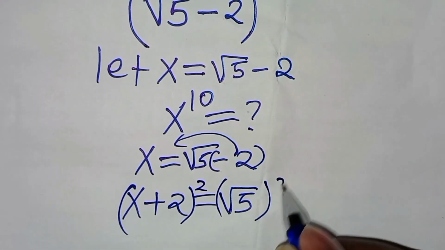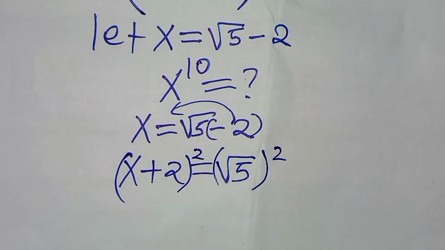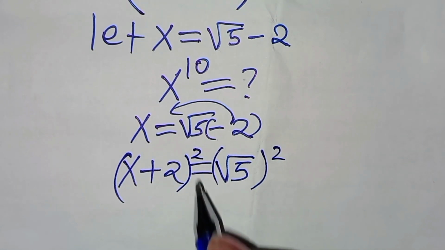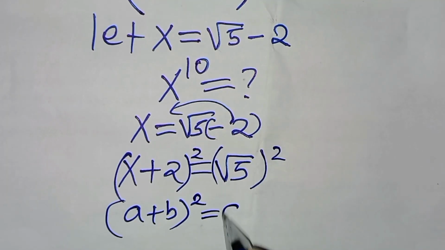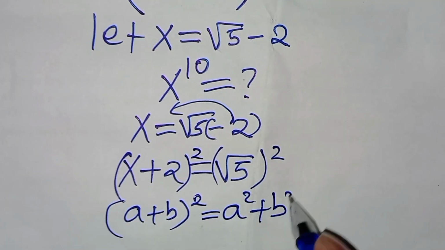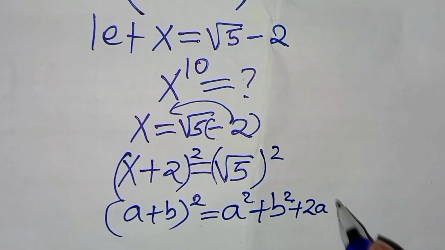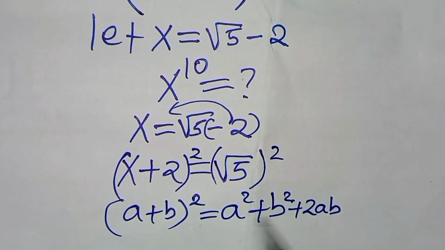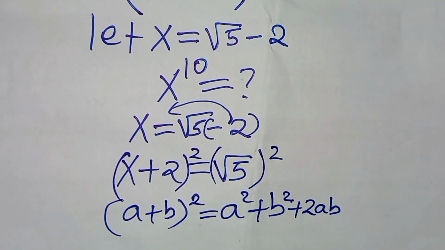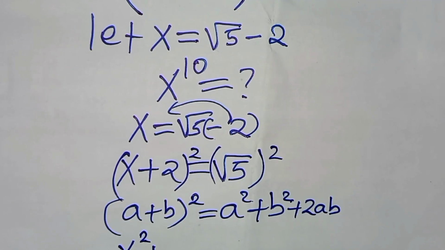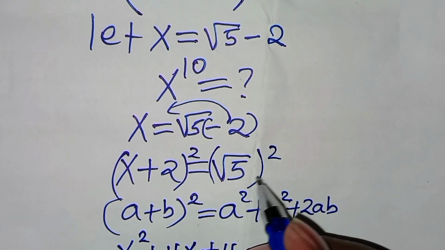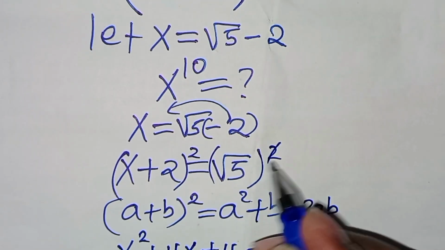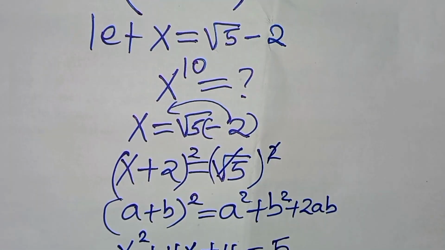So x plus 2 to power 2 is in the form of a plus b squared, which we can express as a to power 2 plus b to power 2 plus 2ab. Applying this algebraic identity, you will have x squared plus 4x plus 4, equal to the square root of 5 raised to power 2. So let's eliminate the square root sign. So this is equal to 5.